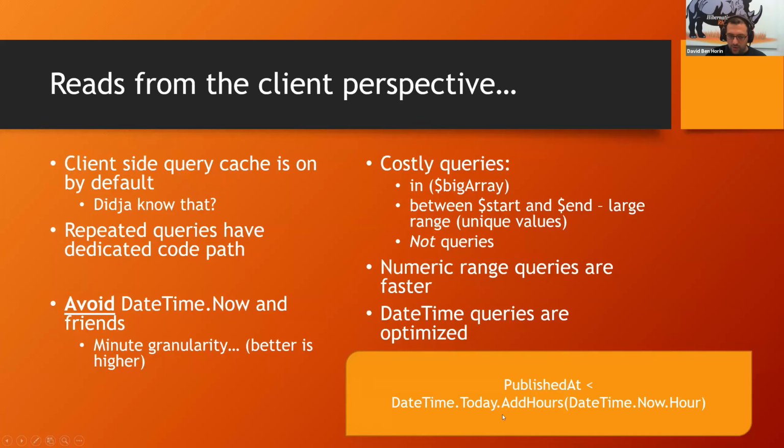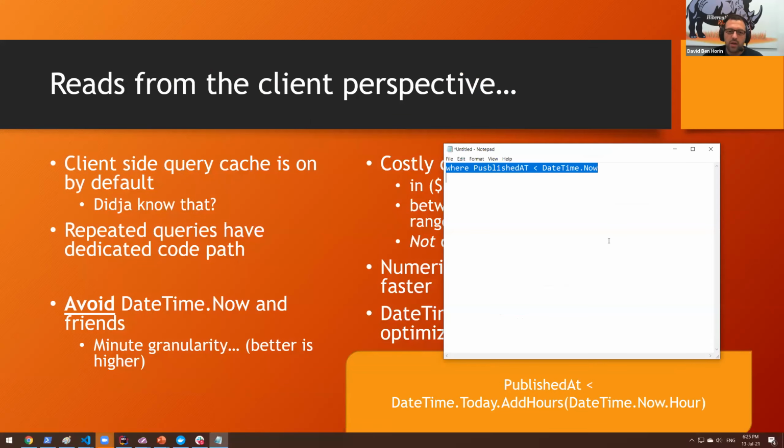Now, here is a good example of that. So this is on an hour boundary. Select your need based on what you actually want to do. Here, a bunch of expensive queries on a big array between start and end, where this covers a huge range of unique values, negation queries.